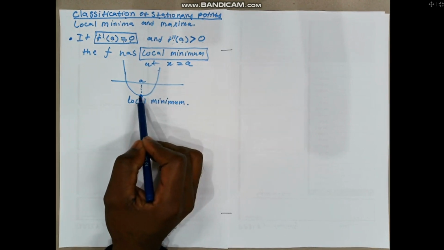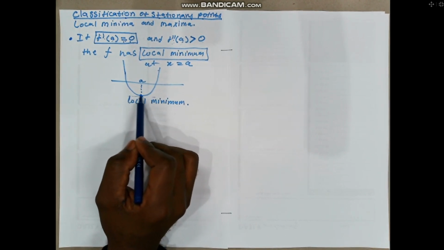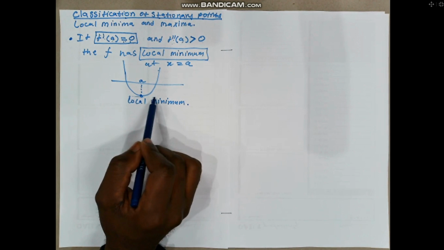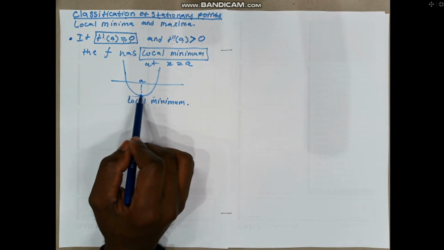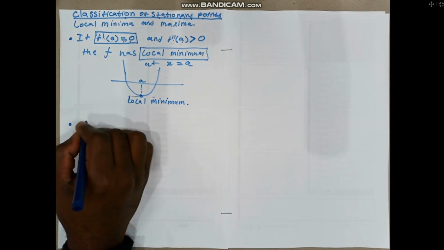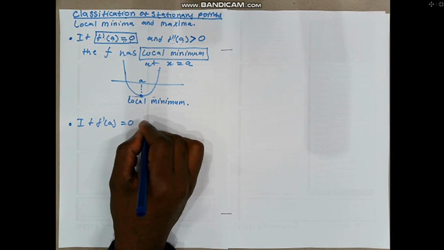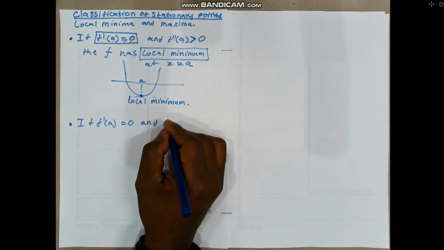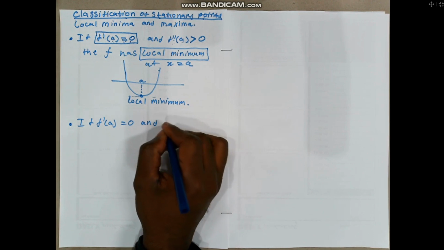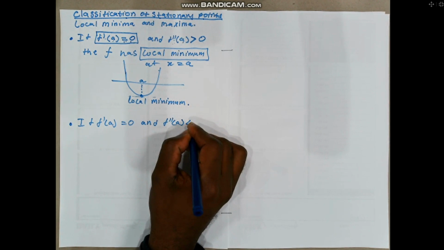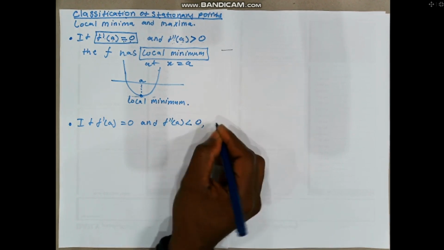We call it a minimum because here we have our graph, it's where our graph is at its lowest point. That's why it's a minimum. And then if f prime of a is equal to 0 also, and now the second derivative of a is less than 0. I hope you see the difference.